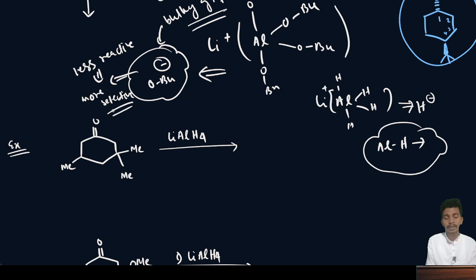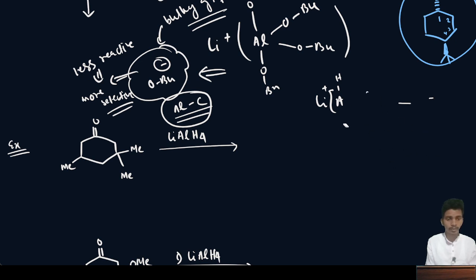But now it becomes a bulky group, and for the aluminum and carbon bonds the size also becomes a little bit comparable, so it becomes less reactive and more selective. Okay, so now we'll solve these questions.